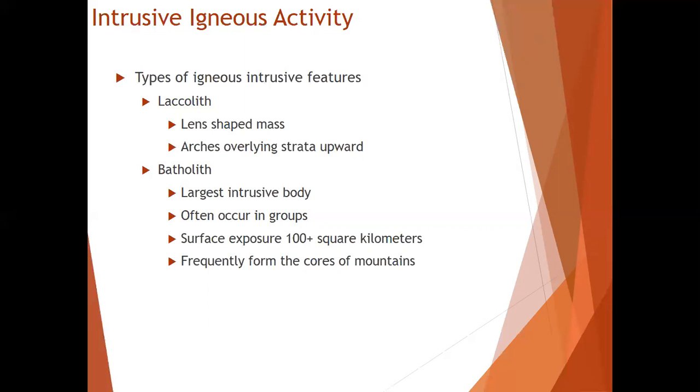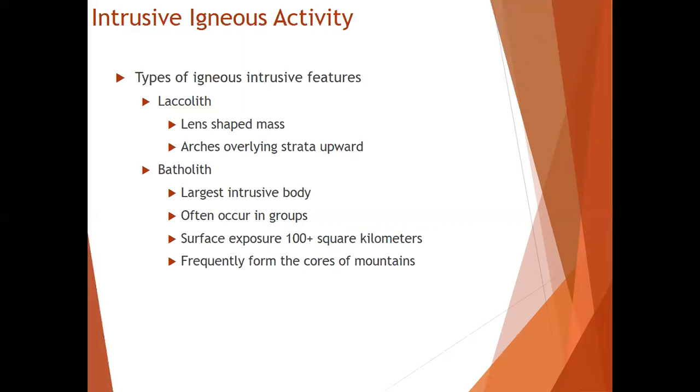A batholith is kind of your largest structure. They can be several hundred kilometers long and over 100 kilometers wide. When they're exposed at the surface, they can be upwards of 1,000 square kilometers.